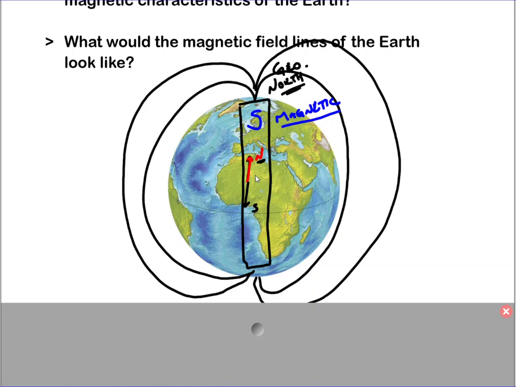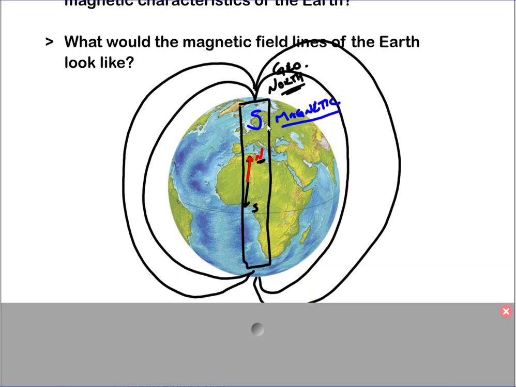South Pole. It has to be, because for any compass that I hold in my hand, the north end of that needle points towards the geographic North Pole, and opposites attract. So if this is the north side of my compass, it has to be attracted to the South Pole of the Earth.